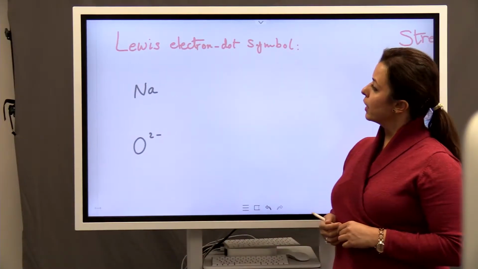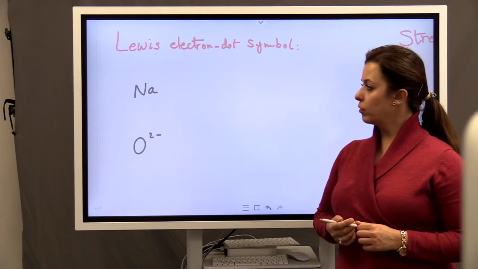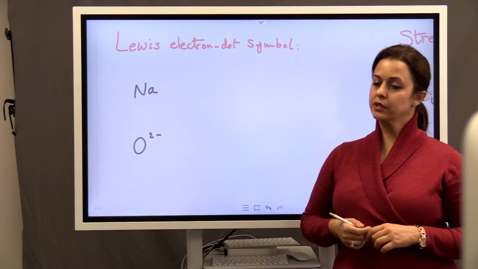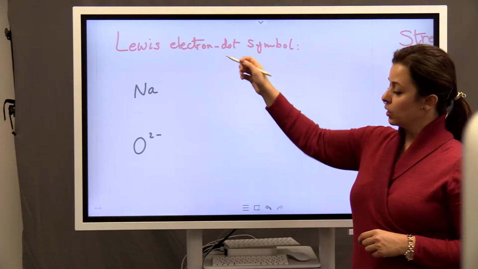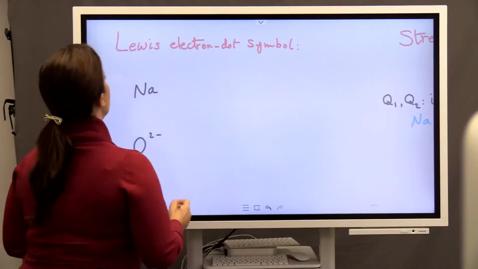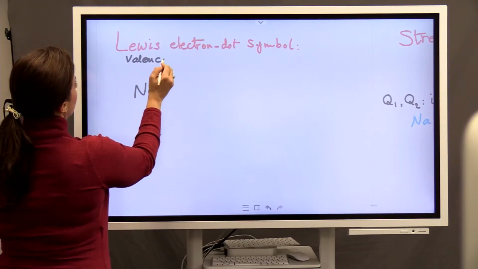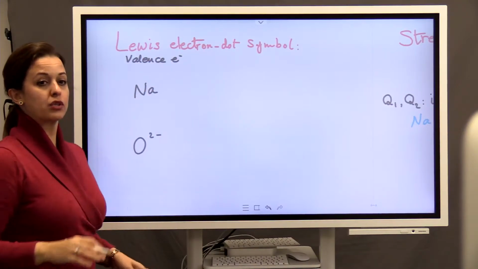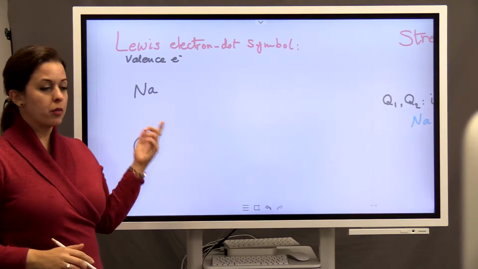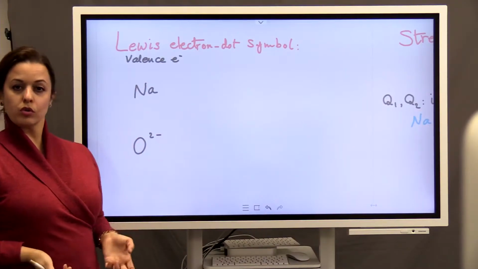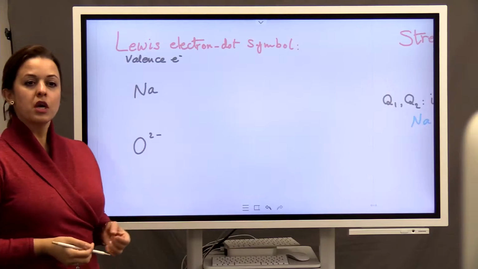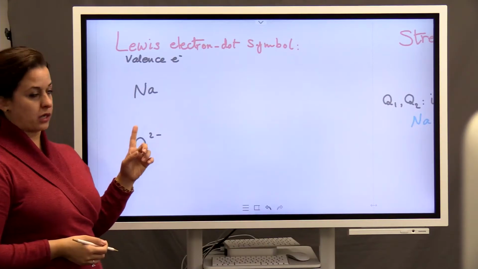If you want to know the Lewis electron dot symbol for the atoms and ions, first of all, what is an electron dot symbol? In Lewis electron dot symbol, we will only show the valence electrons, not all the electrons. For example, sodium has 11 electrons, but we don't show all of those 11 electrons. We only show one electron.